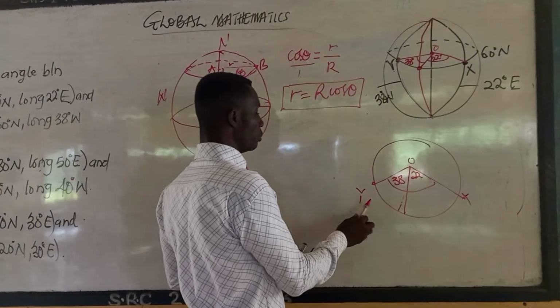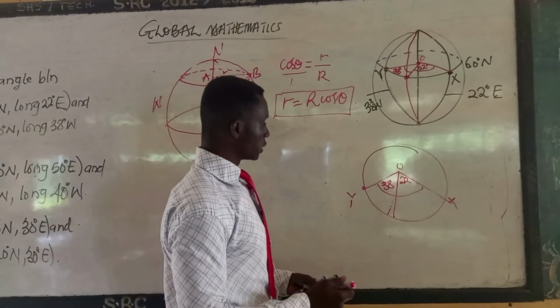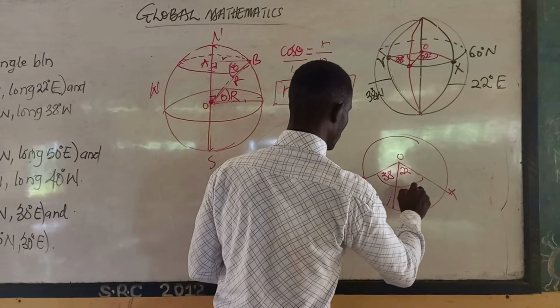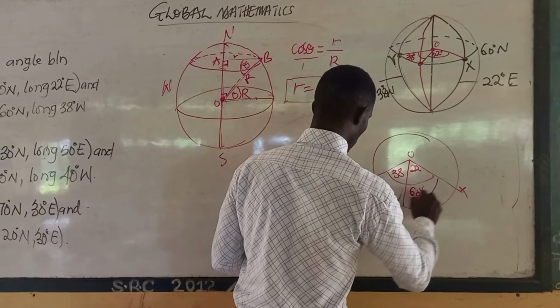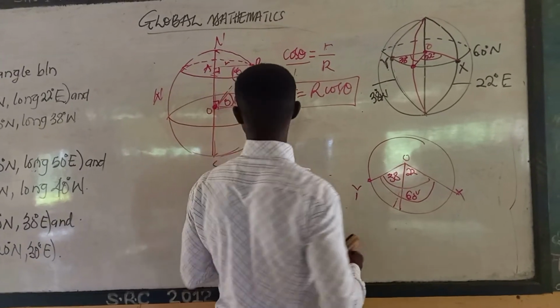So the whole angle between x and y will be 38 plus 22, which gives 60 degrees. So the angle here will be 60 degrees. The whole angle will be 60 degrees. That is how to calculate the angle between these two points.